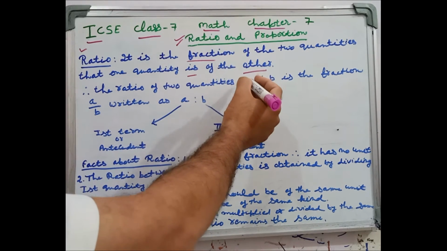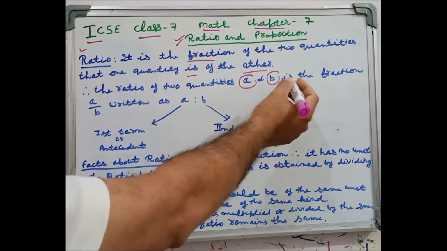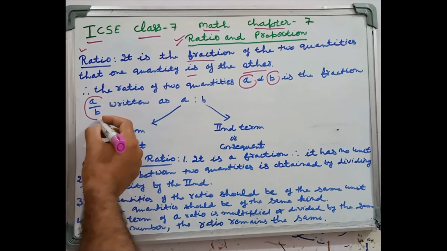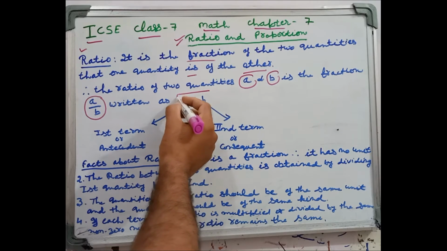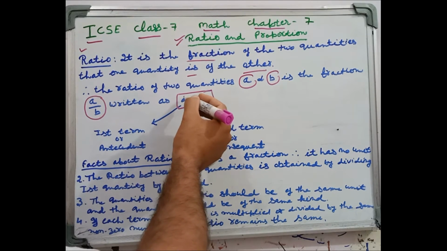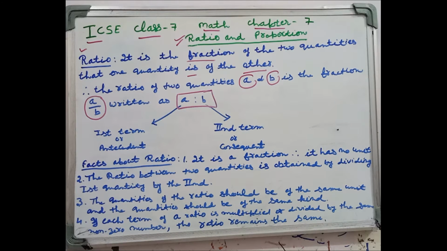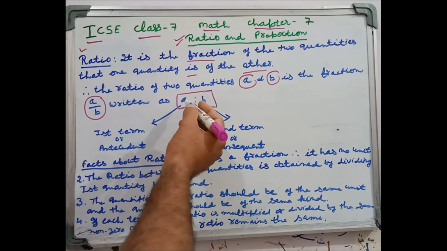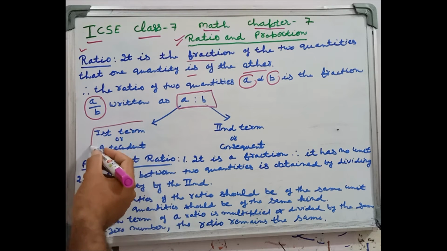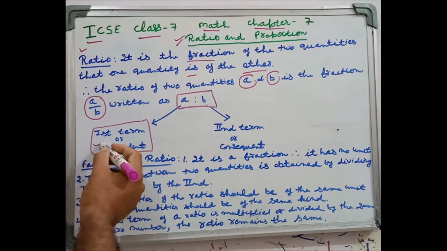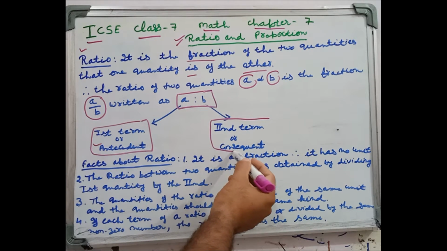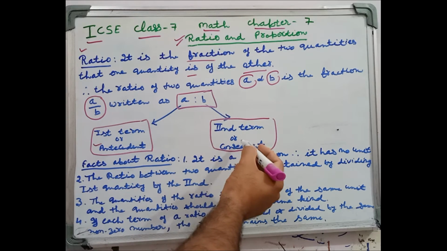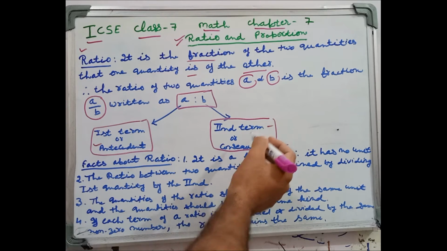If we assume two quantities A and B, their fraction would be A upon B, and their ratio would be written like this: A:B, that is A ratio B, that is A is to B. Here two terms are used, A and B. The first term is A, so we will call it the first term or antecedent in the terms of ratio, and the second term B, we will call it the consequent or second term.